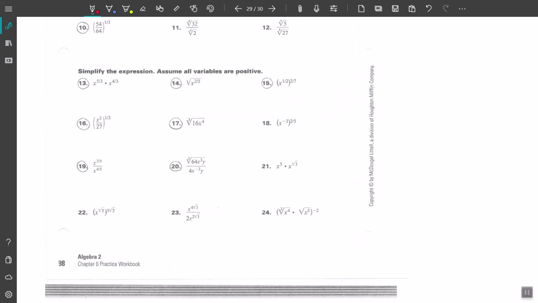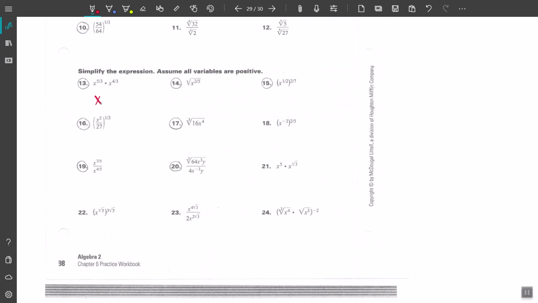All right, on 13, they ask us to simplify the expression. If you'll notice, the difference in this set of directions is that the base is now an exponent. So in 13, we have to check to make sure the variables are both the same for our bases, and they are. We have an x as each base.